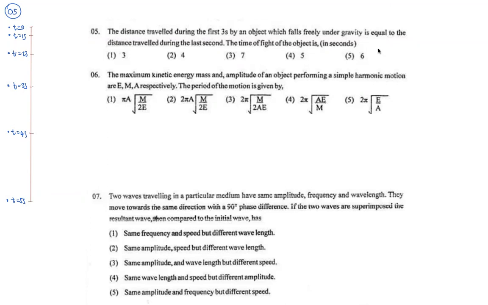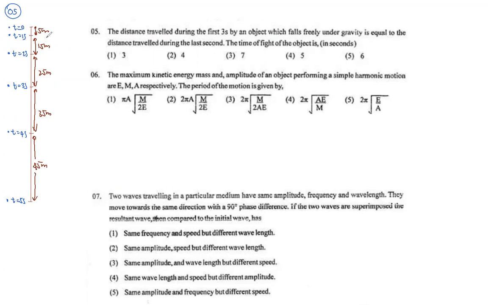This is 5 meters, and the second one will be 15 meters, then 25 meters, then 35 meters, then 45 meters. The distance traveled during each second has a ratio of 1:3:5:7:9, and it goes on like that.